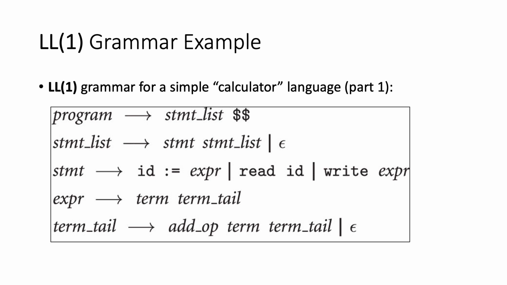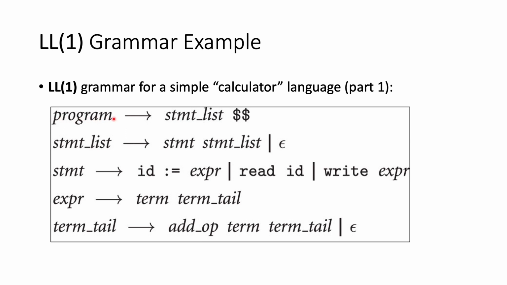To illustrate LL(1) parsing, let us consider the grammar for a simple calculator language. Recall our convention for writing grammars that all non-terminal symbols are written in italic, like this one. In this grammar, program is the start symbol, which describes a program generated by this language.